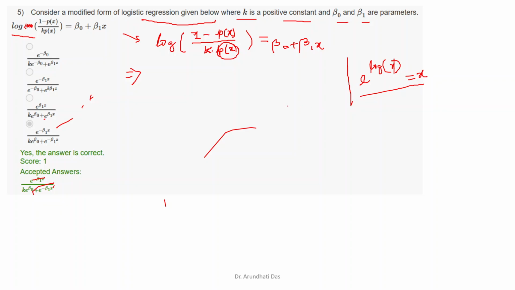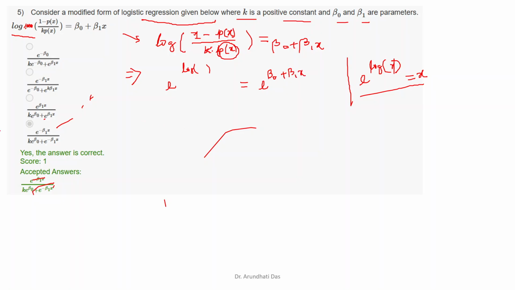This we have to remember. So I will apply exponentiation on both sides. It will become e to the power this entire log term equal to e to the power beta naught plus beta 1 x.